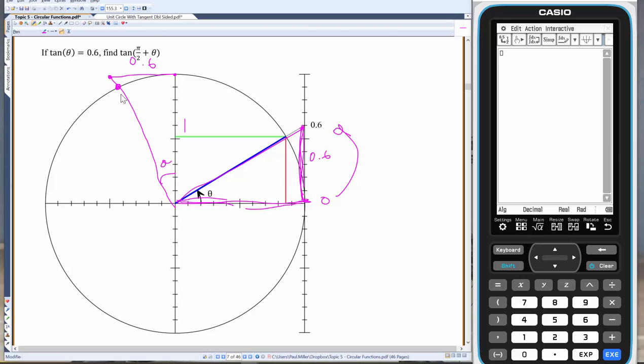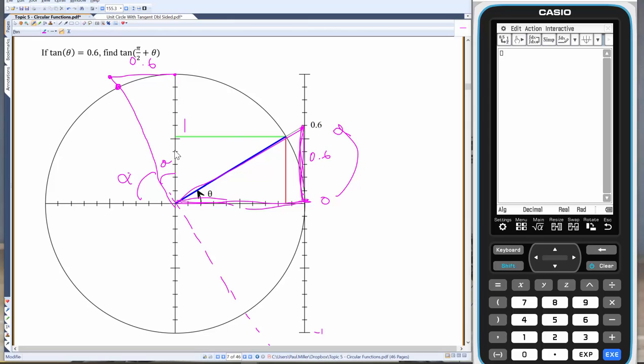Now, how are we going to do that? Well, it's going to go down here and cut the tangent below -1 somewhere down here. So I basically need to work out, let's call this alpha over here. I'm going to work out alpha, and that'll tell me where it hits the tangent down here.